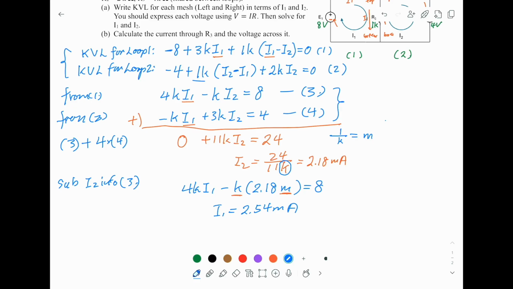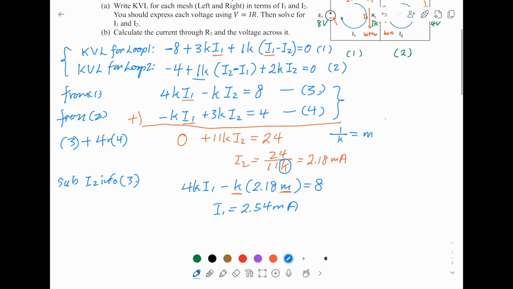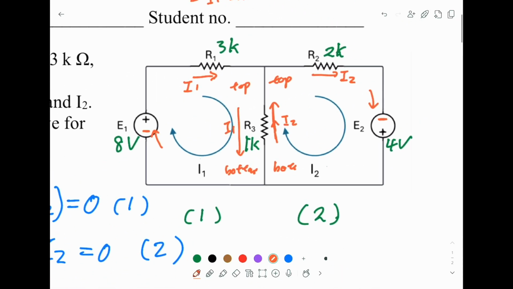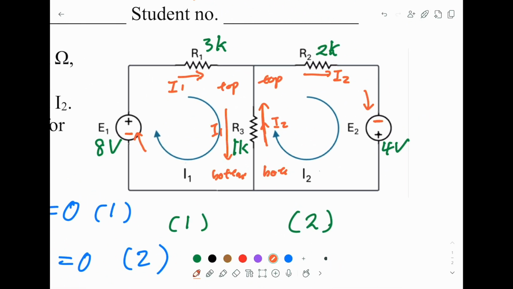Okay, next stage is you should calculate the current passing through R3. Now let's go back and highlight this one first. I2 is 2.18. I1 is 2.54. So I1 is bigger than I2. This is what we found. Let's look at this drawing again, the diagram.